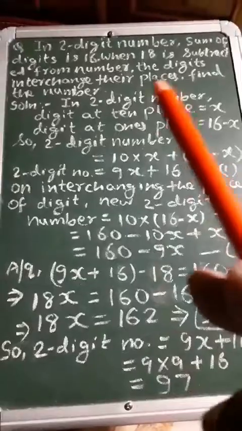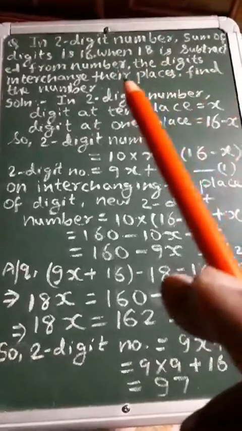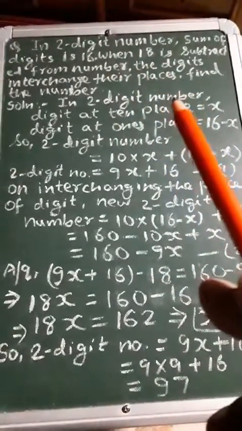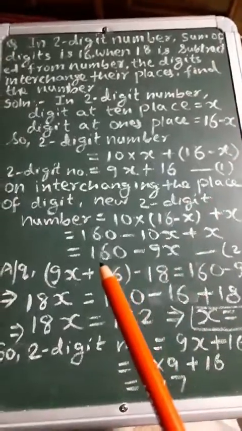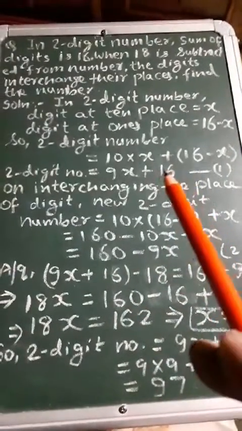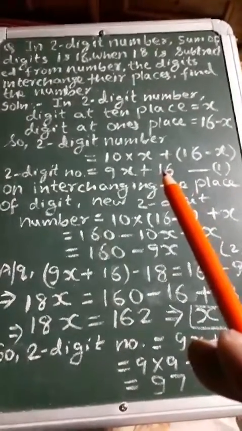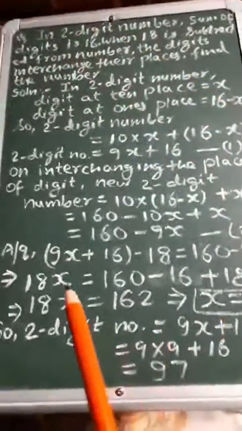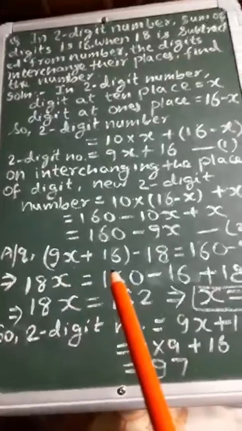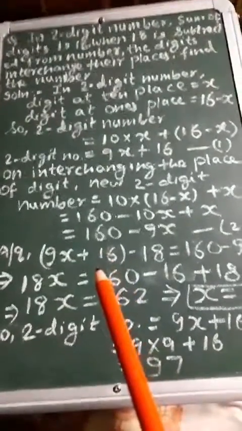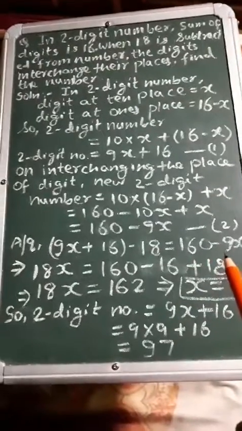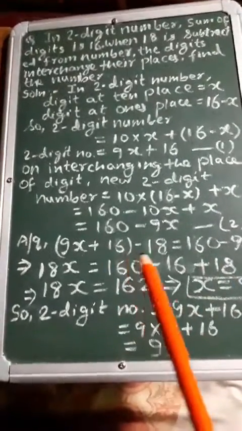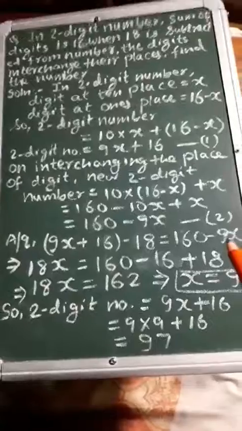Here 9x plus 16 is the original number. From this number 18 is subtracted, and we get the new number. So 9x plus 16 minus 18 equals 160 minus 9x.